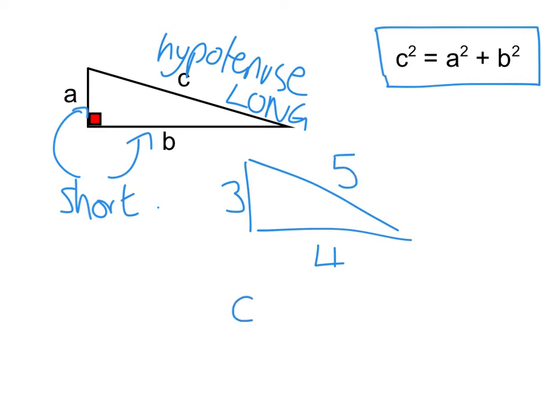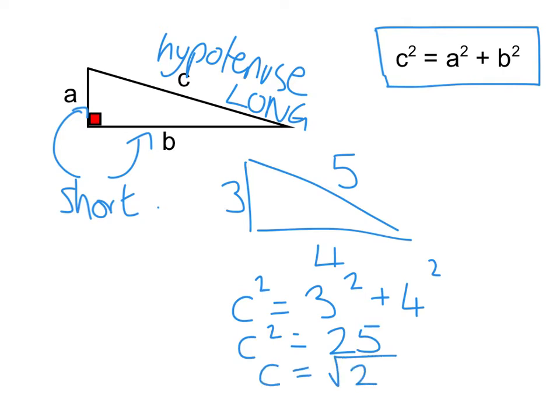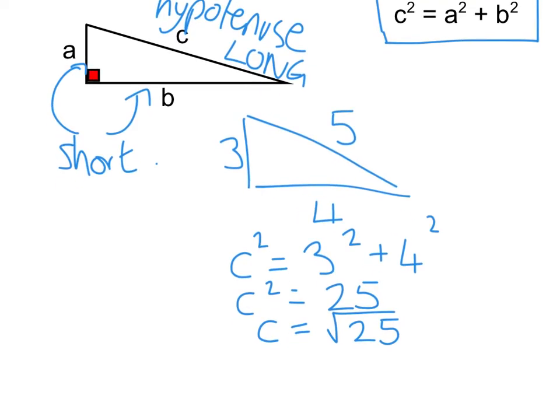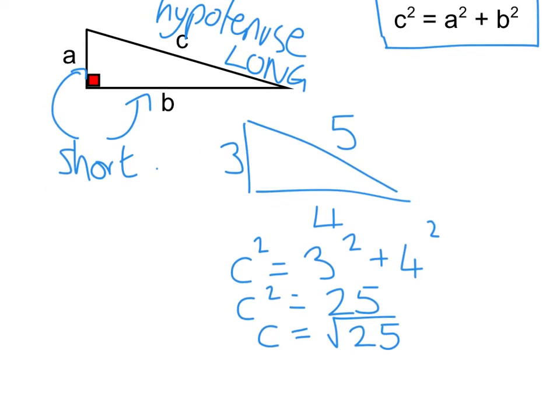You would say, right, well, c squared is 3 squared plus 4 squared, which is 9 plus 16, which is 25. If c squared is 25, c is the square root of 25, which is 5 centimetres, which is what I said it was. This is your classic 3, 4, 5 triangle. So that's a kind of wee recap of what your working would be.